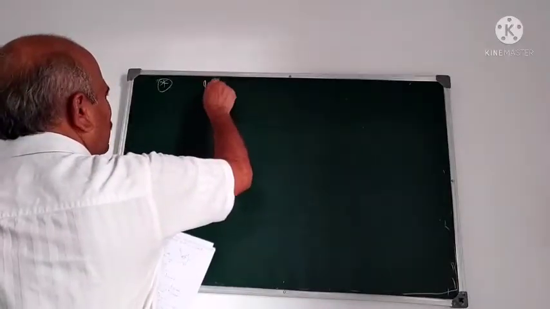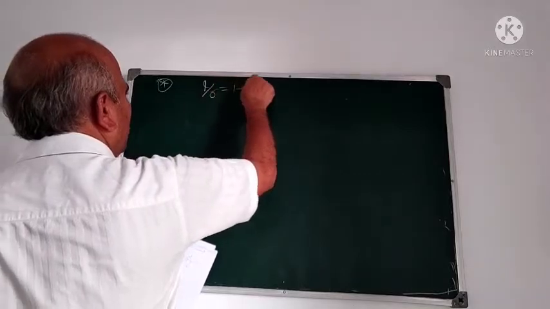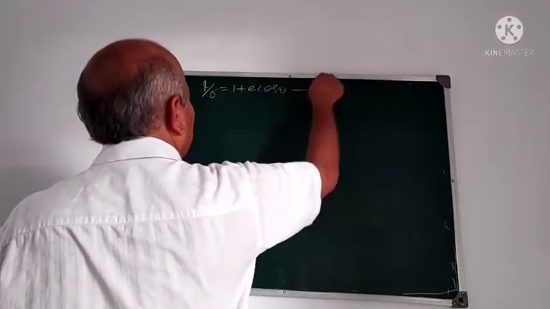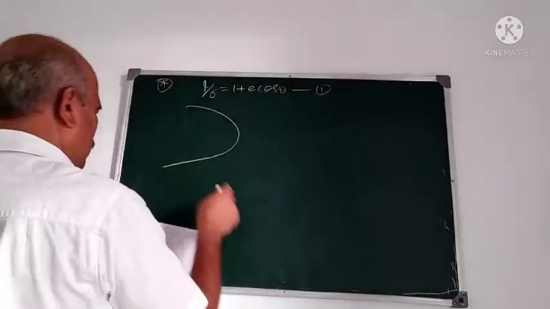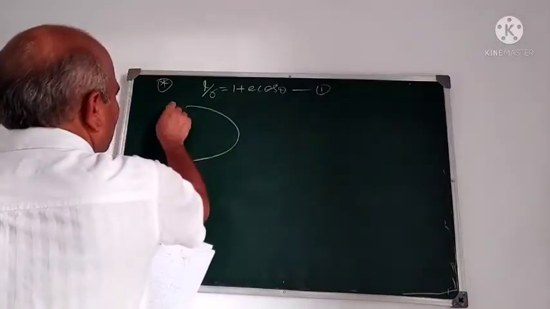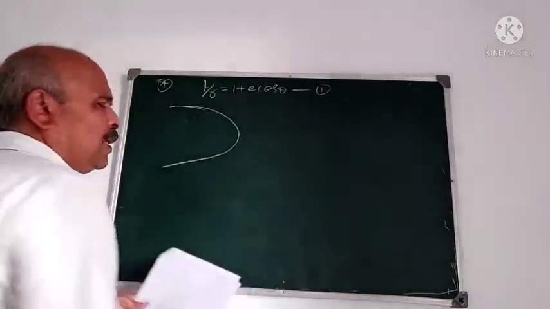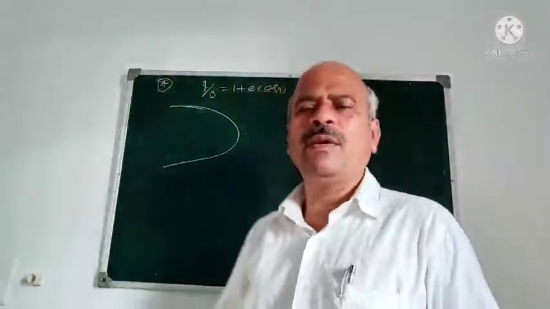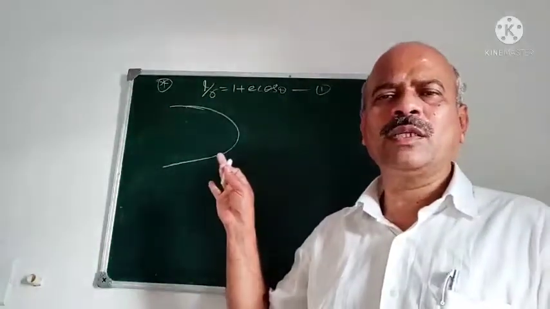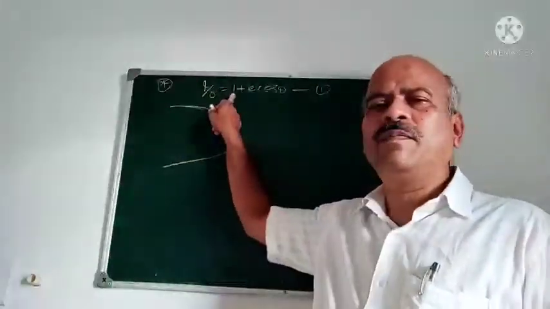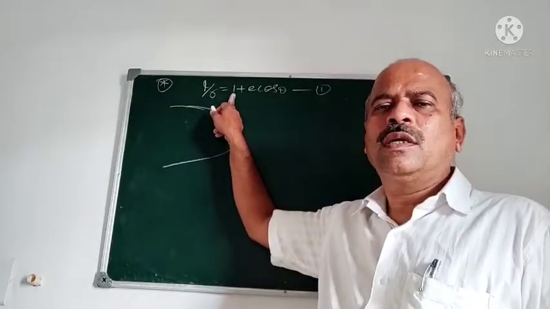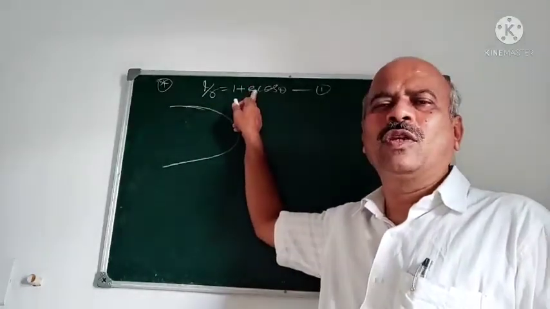Suppose the equation of the conic is L by R is 1 plus E cos theta. Take this as 1. This is the conic section. Conic section means it may be a parabola, ellipse or hyperbola. The general equation represents a conic section. Depending on E, you will get different conics.